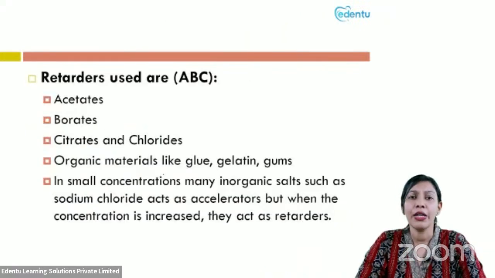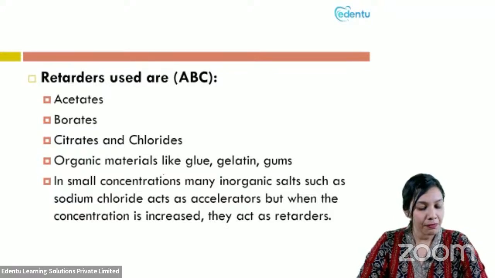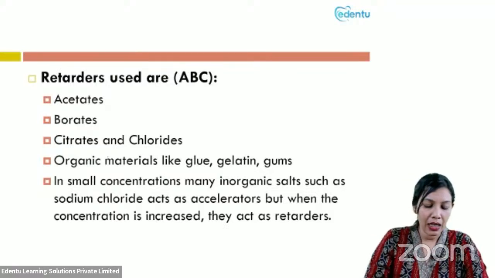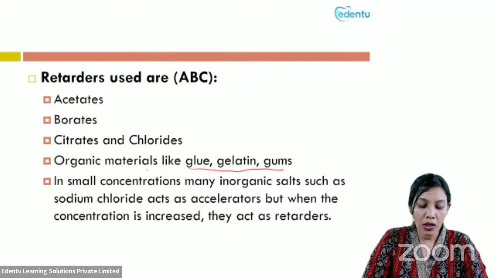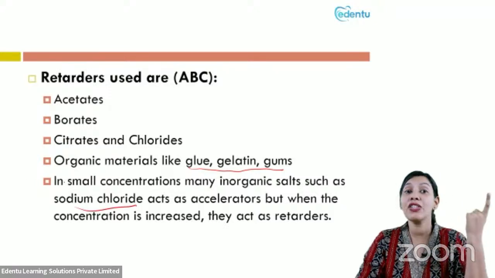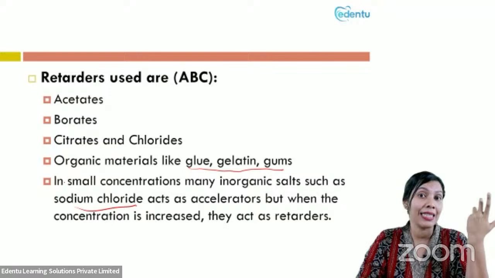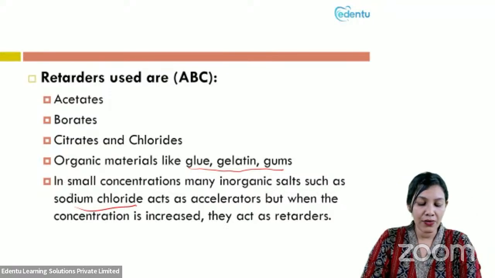Next is the retarder. You can memorize it by the code ABC. A is acetate, B is borate. Borate and borax are the same thing, which is seen in the hydrocolloid agar, which also inhibits the setting reaction of gypsum. C is citrate and chloride. The others you need to memorize are glue, gelatin and gums. A small concentration of sodium chloride is an accelerator, but when the concentration is increased, it acts as a retarder.